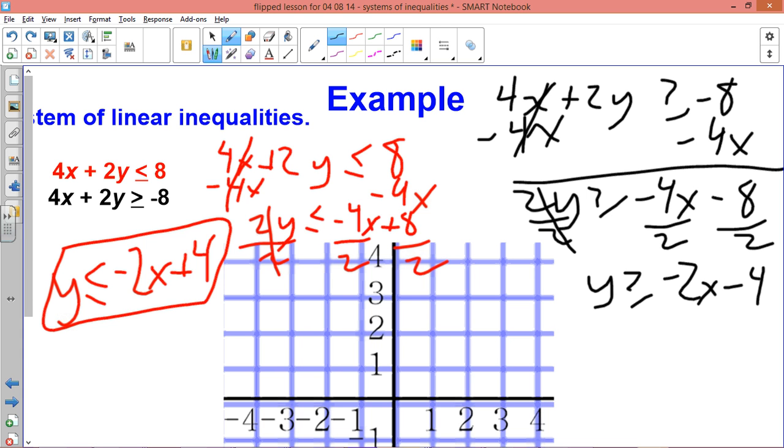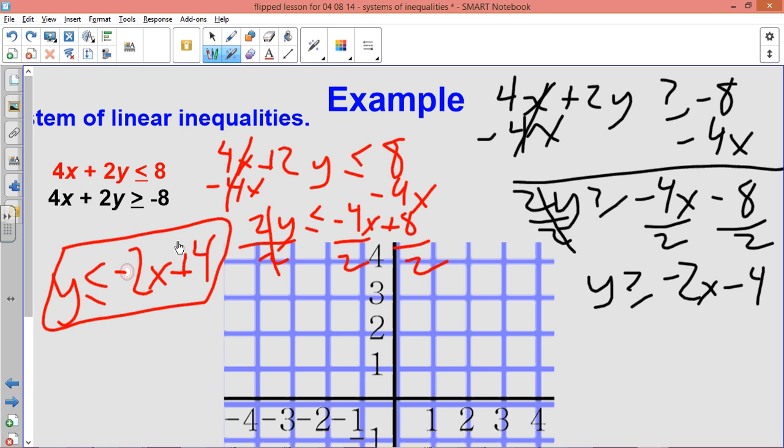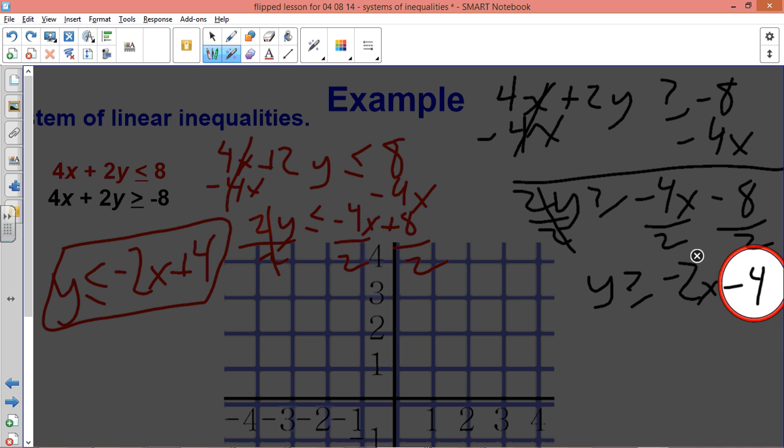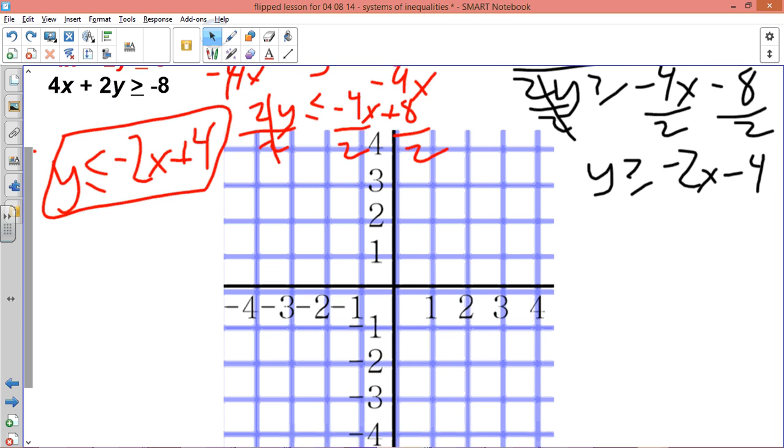Okay, and what we should have when we graph these, for the equation in red, my y-intercept is 4, my slope is negative 2. For my equation in black, my y-intercept is negative 4, my slope is still negative 2. So we should have parallel lines. They have the same slope.